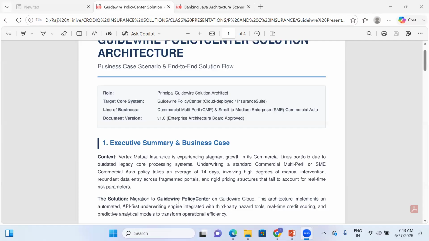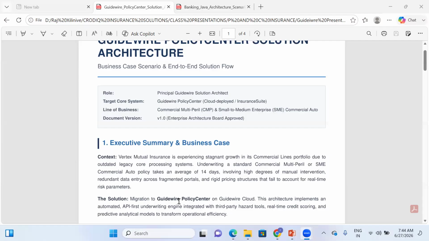That is point number one, because these are the people who are buying the software from Guidewire. The second player is Guidewire, point number two. Point number three, implementation partners, nothing but an IT company, because any IT company does the implementation on behalf of the customer, and the customer can be an insurance company. So these are the three different players: the insurance company, Guidewire, which is a product by itself, and the implementation team or implementation partner company.